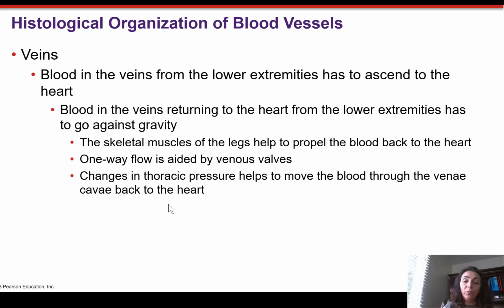So when the diaphragm goes down, the volume of the pleural cavity increases and the pressure decreases, right? Now, when the pressure in the thoracic cavity goes down, it acts as a negative pressure.